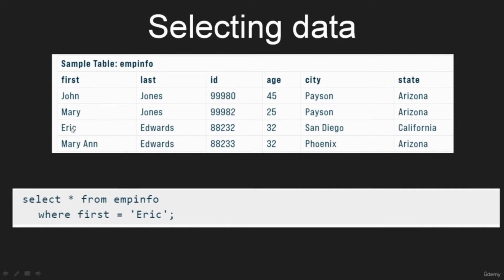So how to do that? To do that we have to specify this condition. So here you can see: select star from emp info where first equals Eric. So once you execute this, we'll get the result of this row, which is Eric.